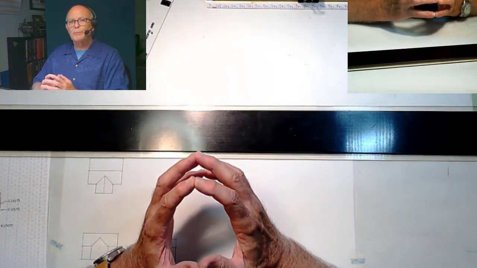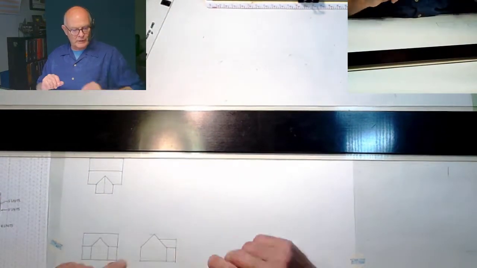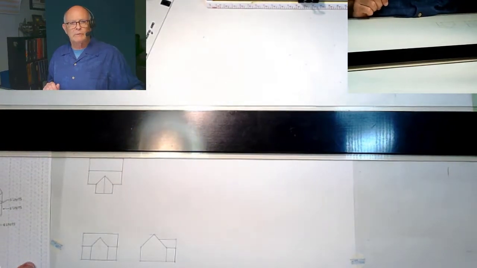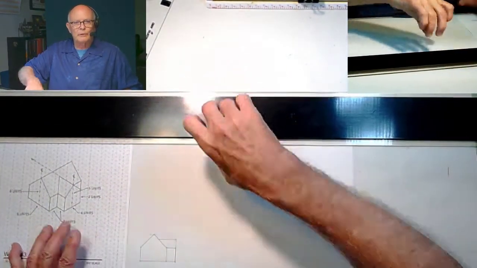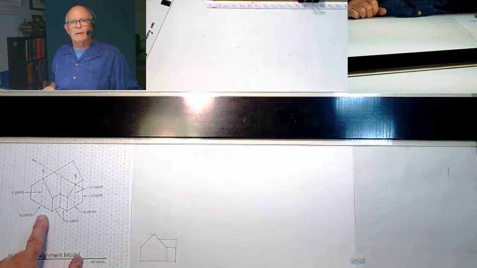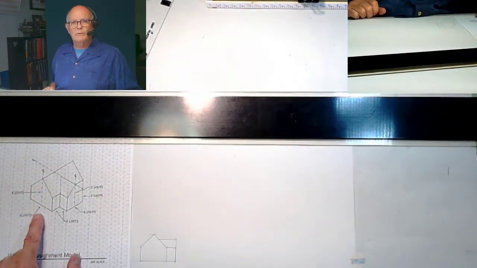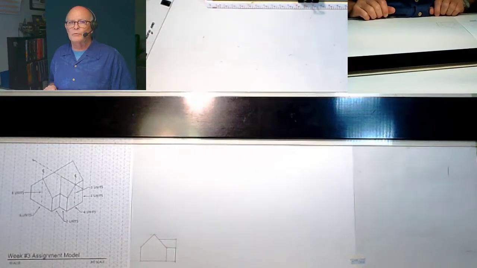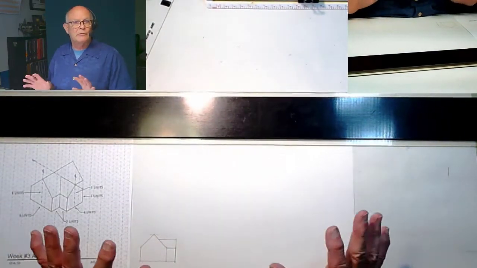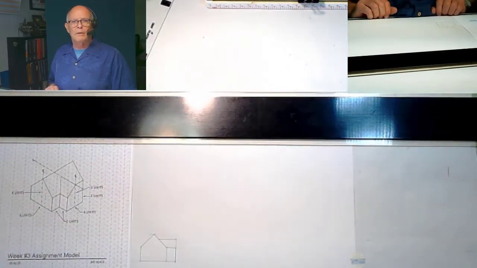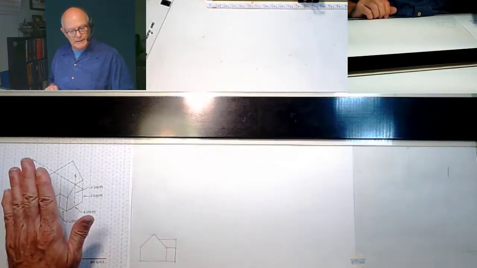And for purposes of this exercise, this drawing right here that we referred to previously is an isometric. And so it's going to follow a few rules that you need to understand in order to be consistent in how you draw the drawing.